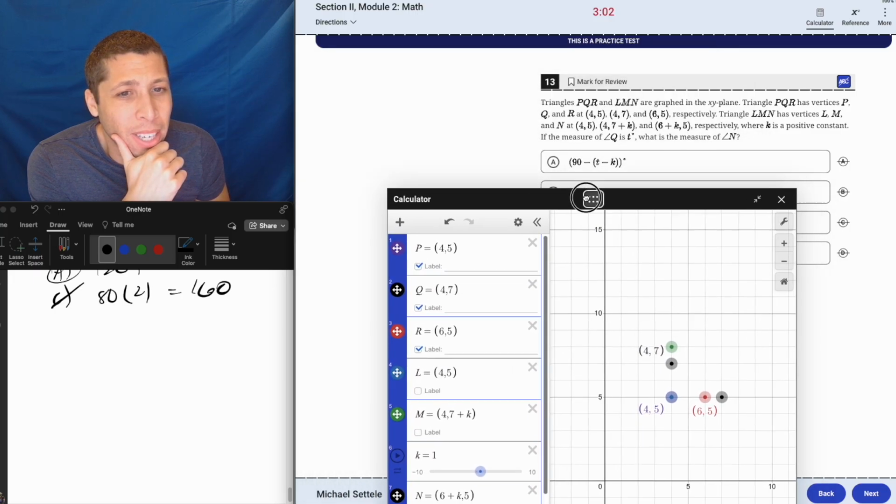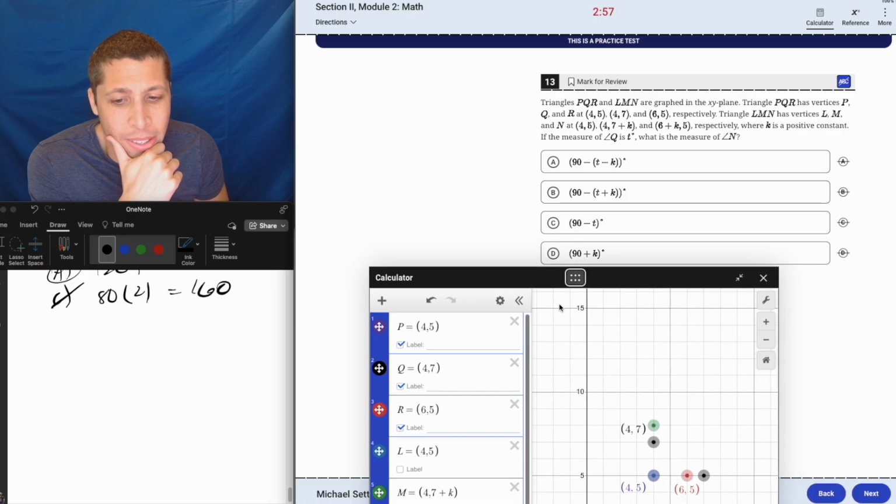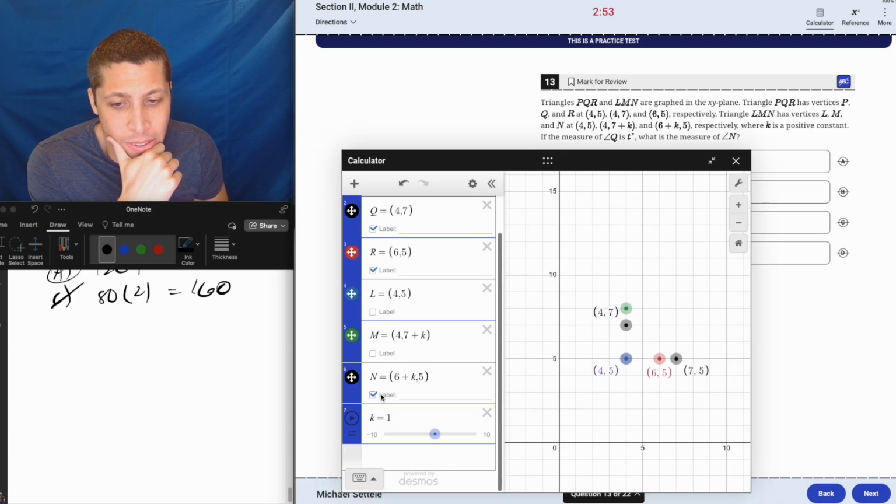Where K is a positive constant. The measure of angle Q is T. What is the measure of angle N? So N is that guy out there.